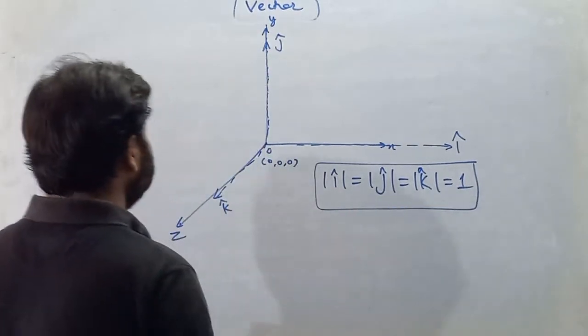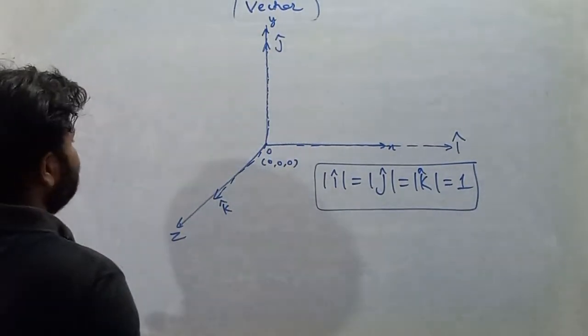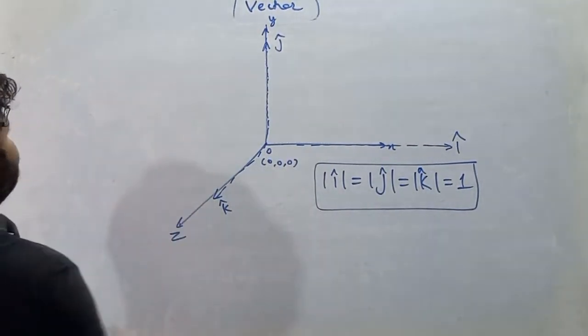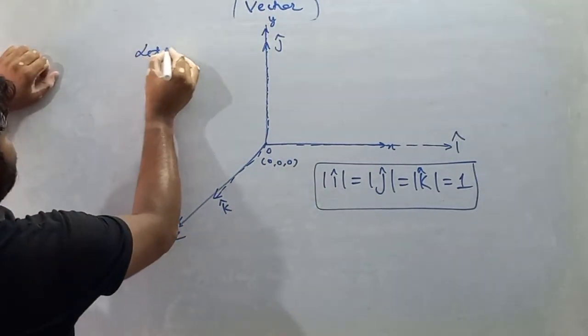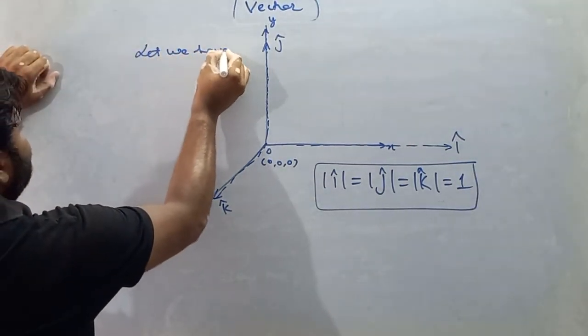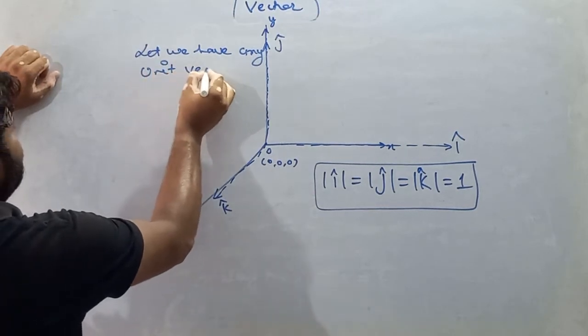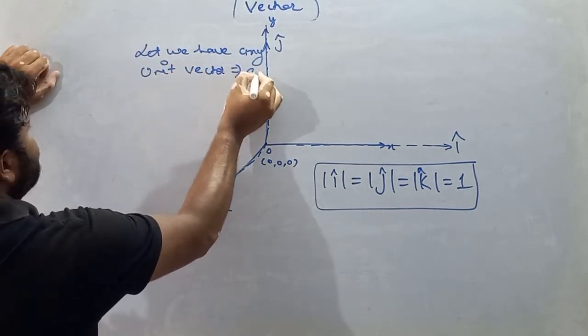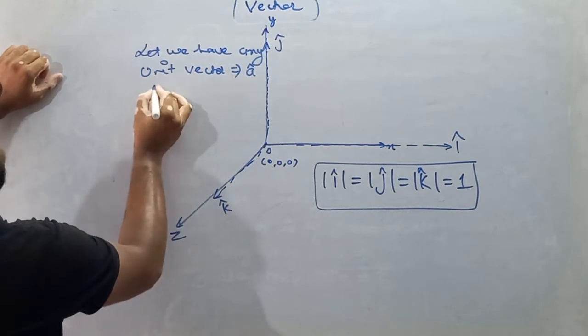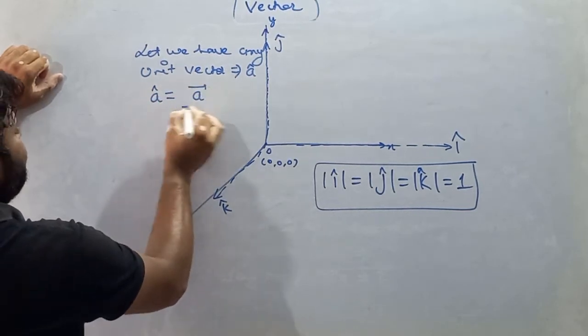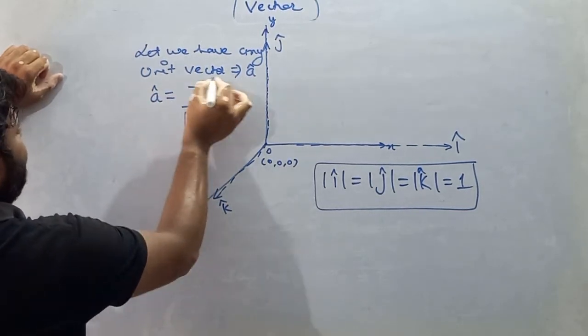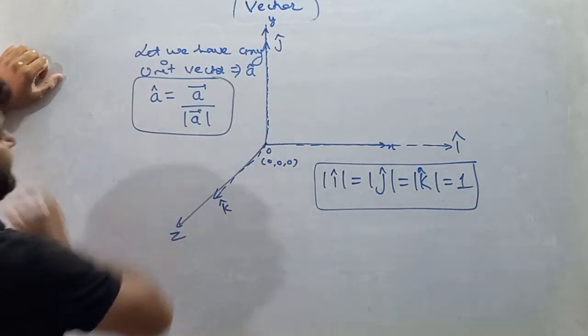Now moving forward, let's suppose we have any vector A. Let's suppose we have a unit vector, a cap. So a cap is equal to the vector itself upon the magnitude of that vector.